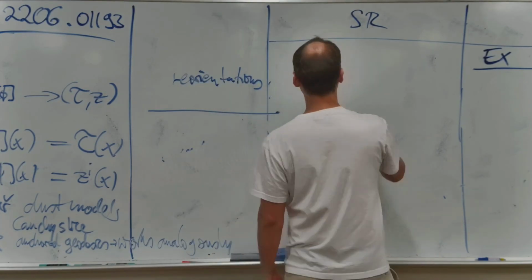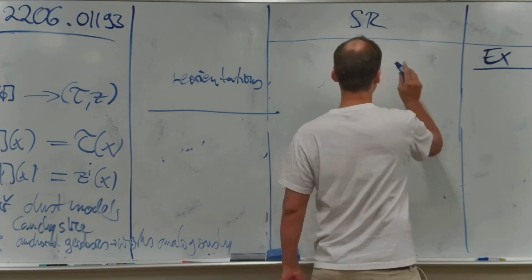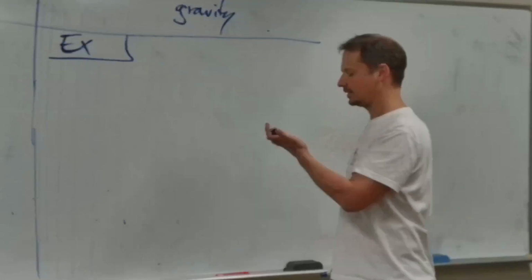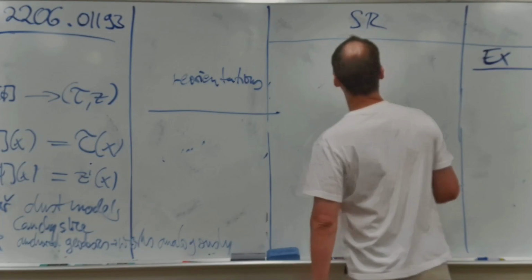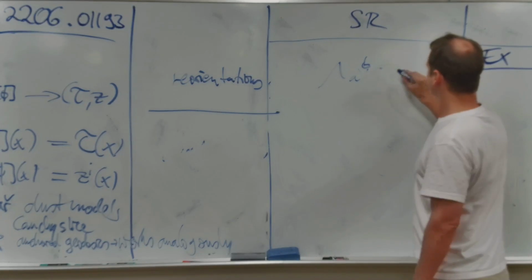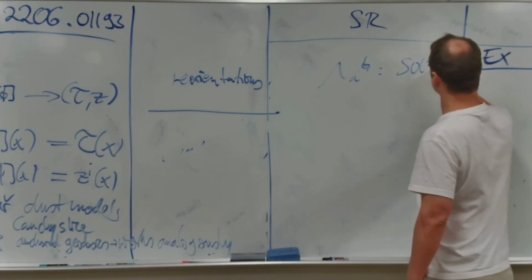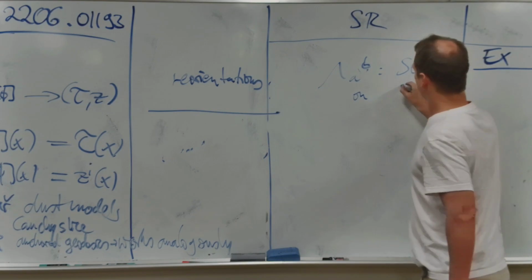I guess you know this by now, but I should write it down, because it was also the other way around. Really, this is an SO(3,1) transformation on the orientation space.